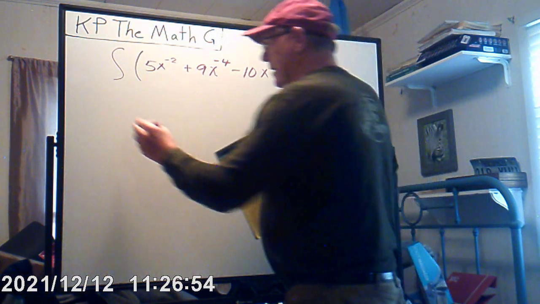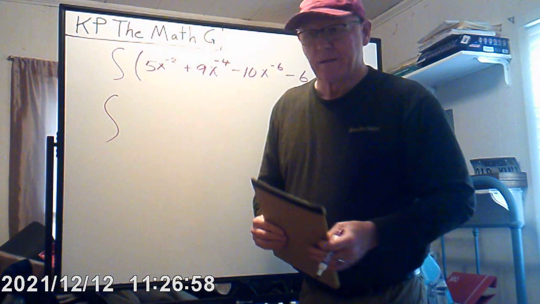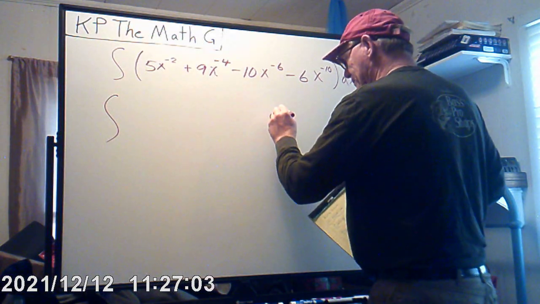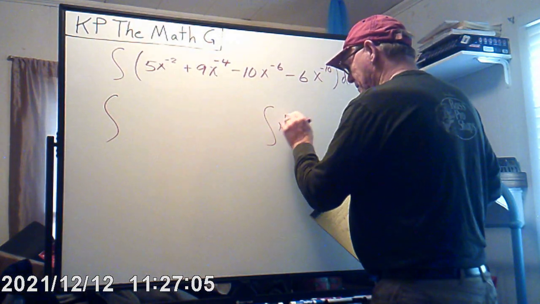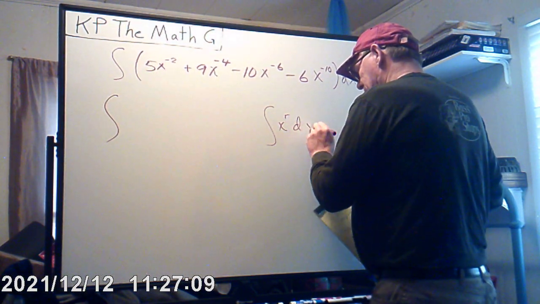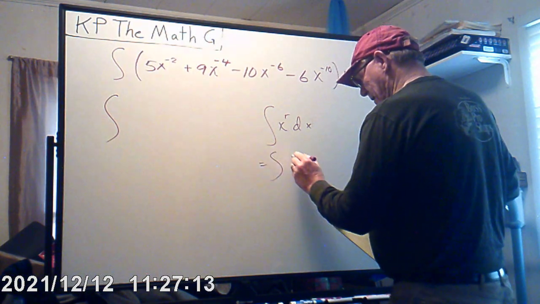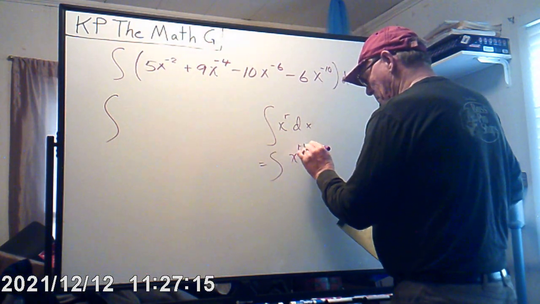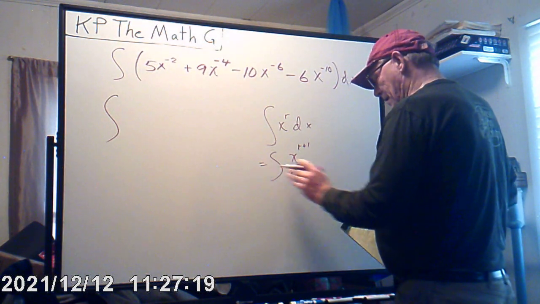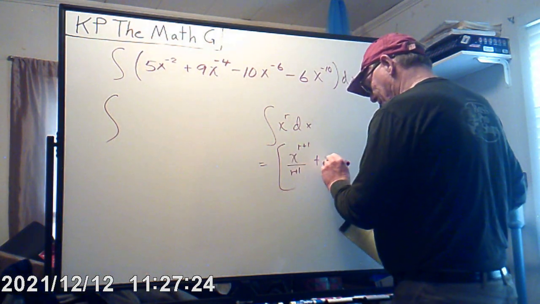Now integrating. Remember how to integrate. If you have x to the r dx, with respect to x, then this is going to be x to the r plus 1 over r plus 1, plus c.